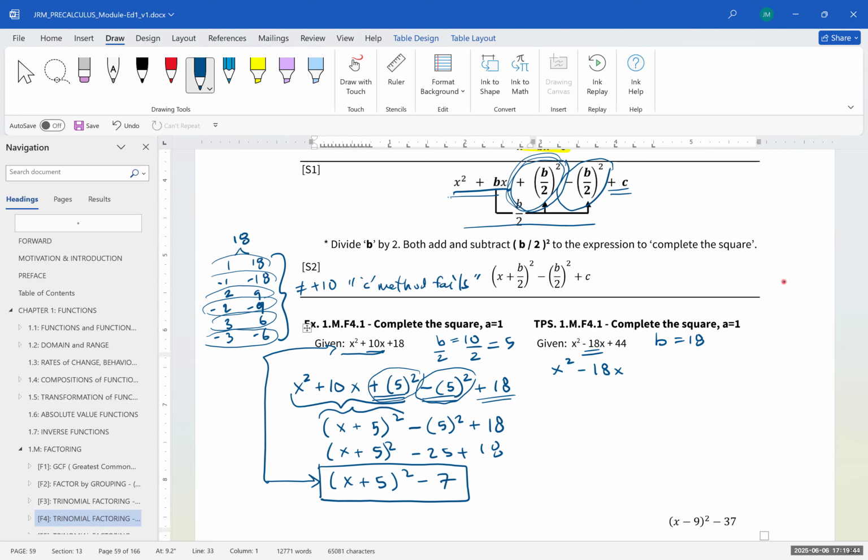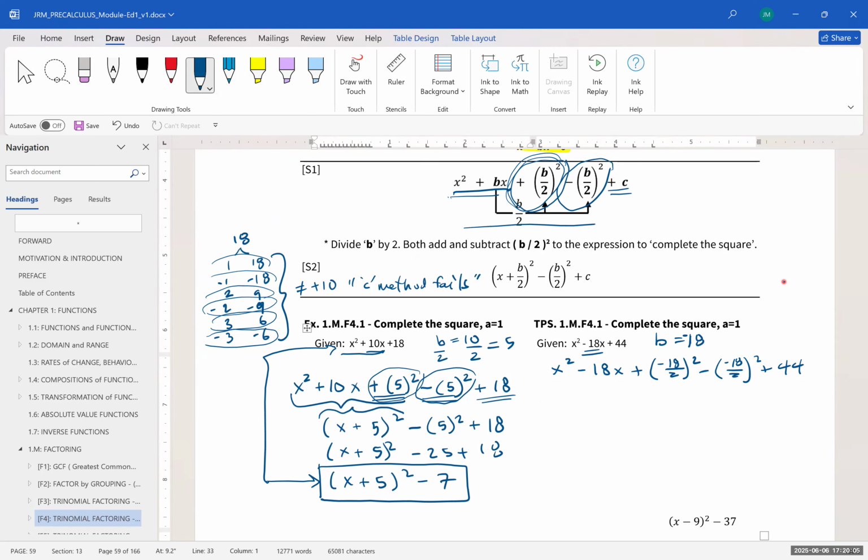So we're going to have negative 18 over 2 squared minus negative 18 over 2 squared plus 44.